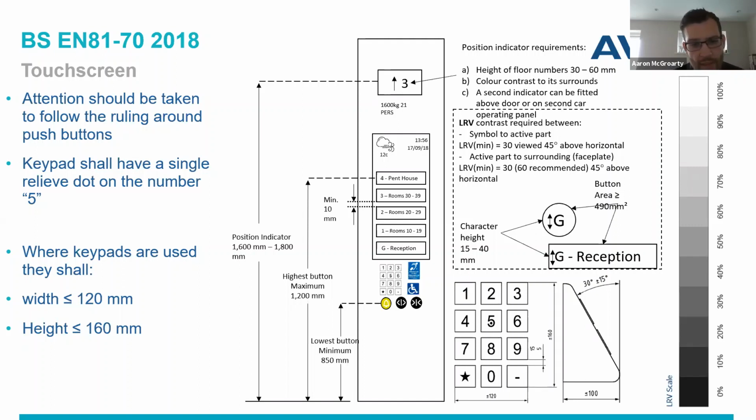Also, looking at the DDA keypad there, you need to make sure that it meets the specified requirements of distance. So the width can be no greater than 120 millimeters and the height no greater than 160 millimeters. Sort of finer details that can often, not on purpose, just be neglected.